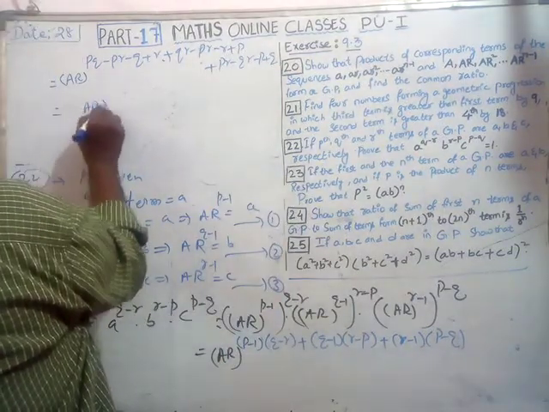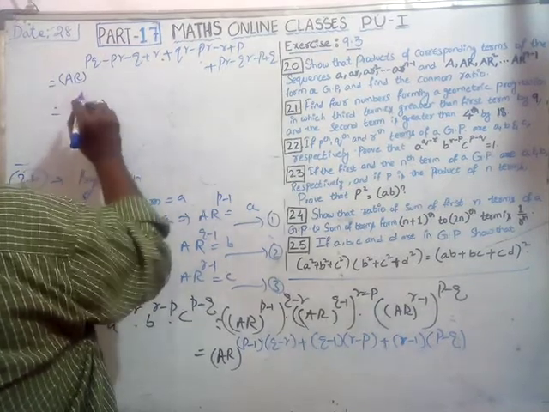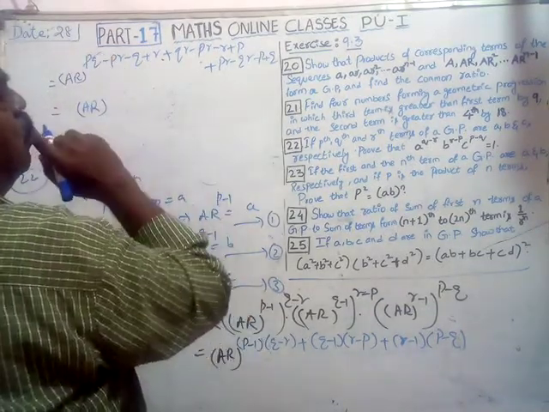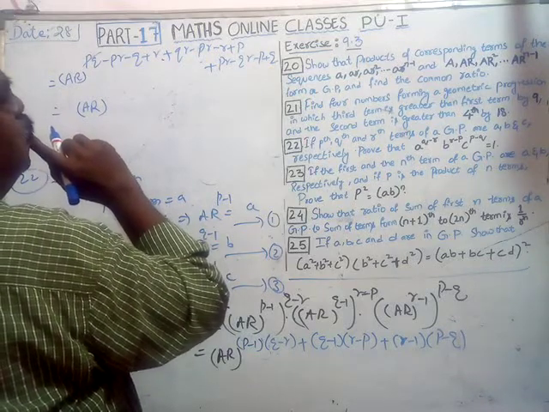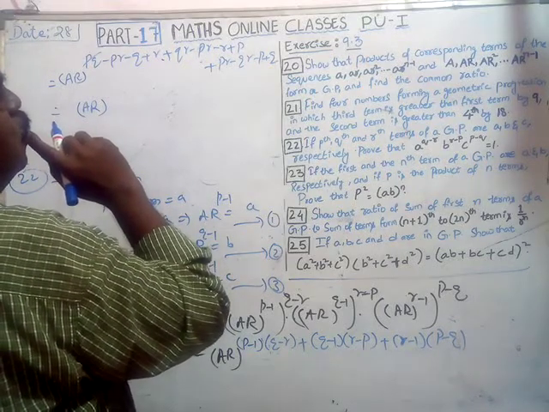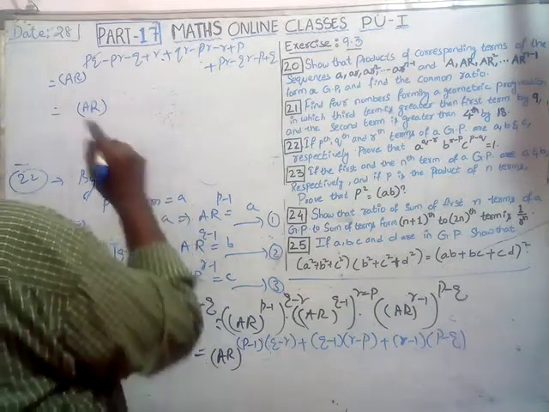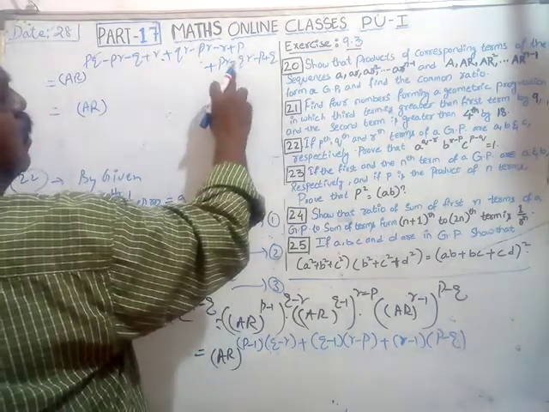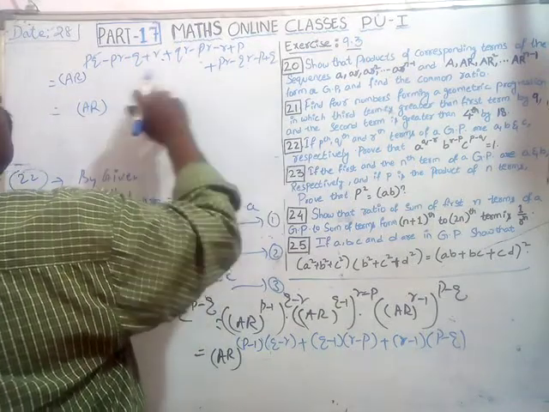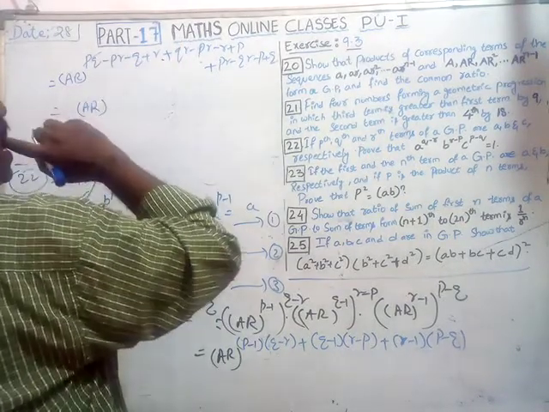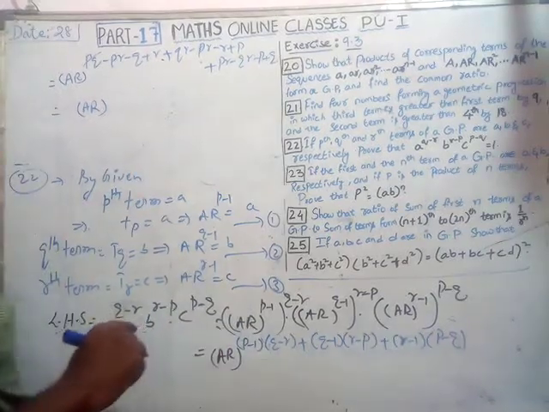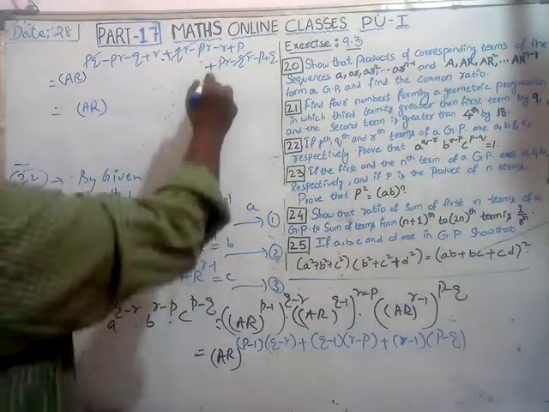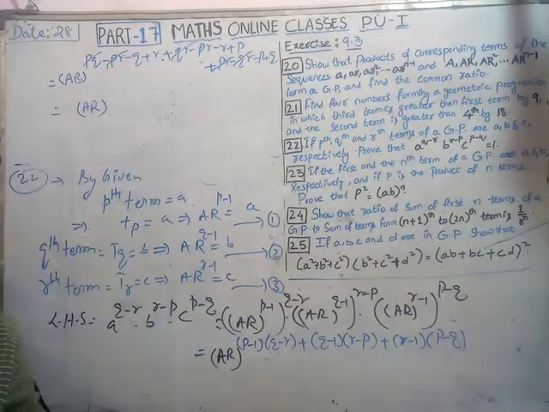Here, AR whole power, you see there, the PQ and where PQ is there. I think here also PR. QR cancels. PR also cancels.